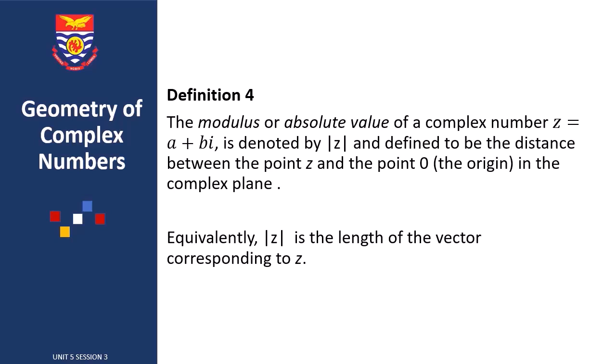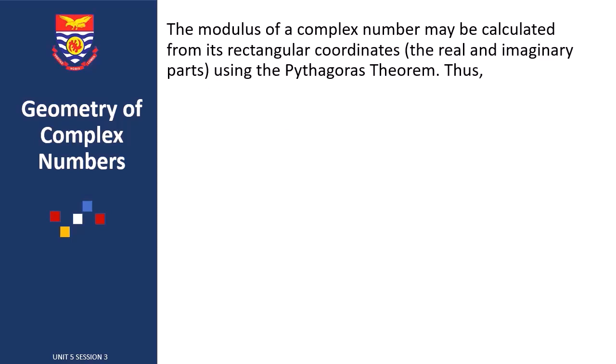Once you've represented it in coordinates, it can also be represented as a vector. The modulus of a complex number may be calculated from its rectangular coordinates, that is the real and imaginary parts, using the Pythagoras theorem, as I've already stated.